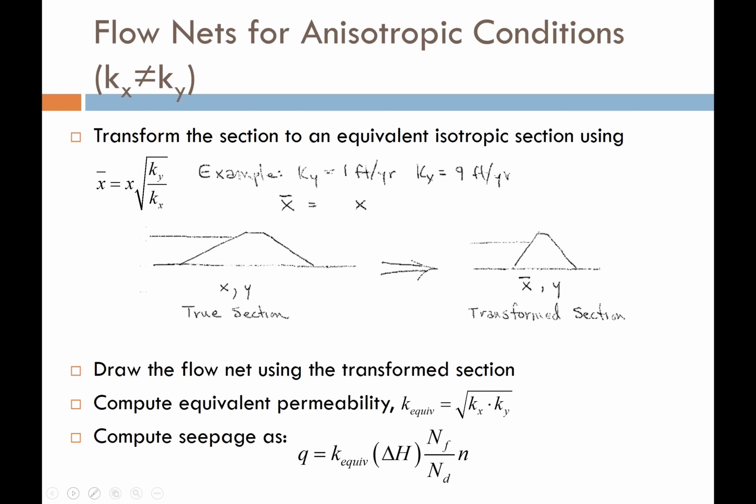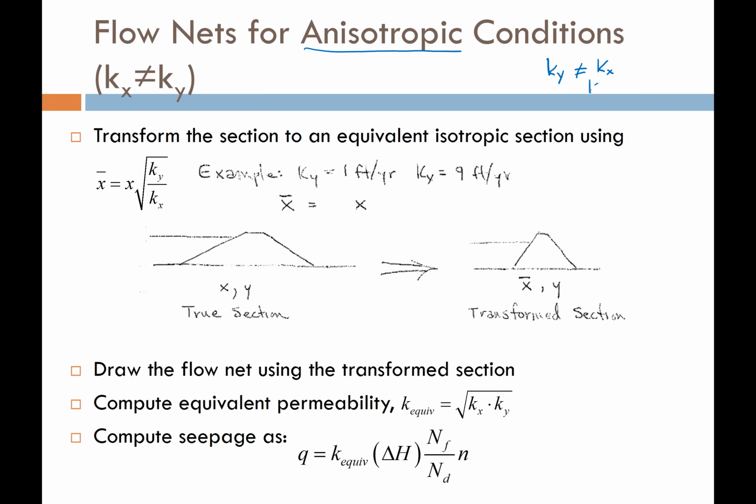Last thing I want to talk about with flow nets is what do we do if we have anisotropic soil? Now, you remember from our example, we assumed that the soil was isotropic. The soil in the field is never isotropic. It's always anisotropic, which means that the conductivity in the y direction is not equal to the conductivity in the x direction.